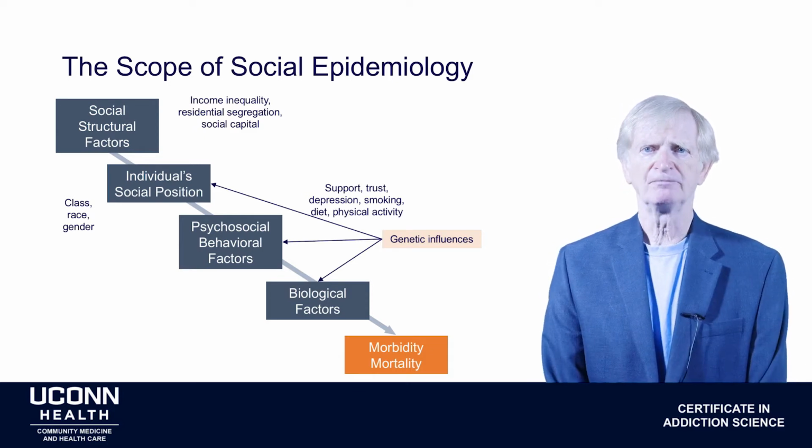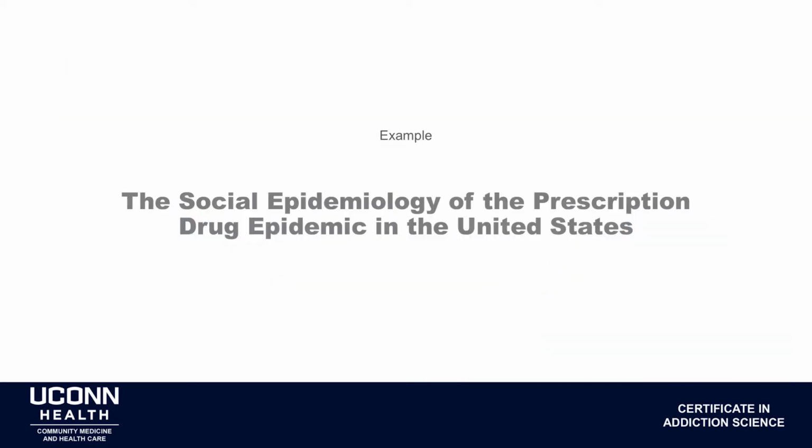So, an example would be the social epidemiology of prescription drug use and the epidemic of prescription drug use that has been observed in epidemiological data in the United States, and how that's related to these risk and protective factors.